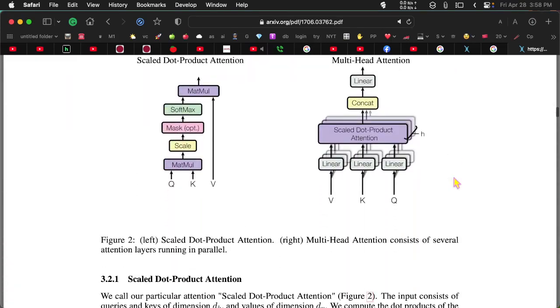But what happens is that these matrices, V, K, and Q, have to be created. And they are created by running the embeddings through three projection matrices. And those projection matrices are learned via backpropagation.